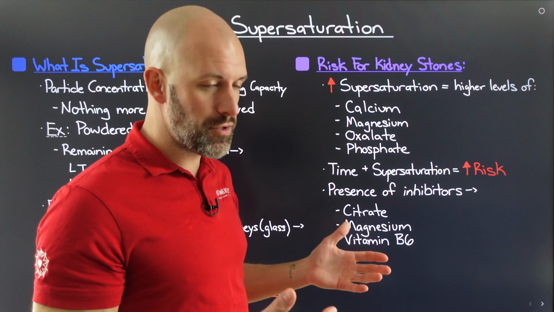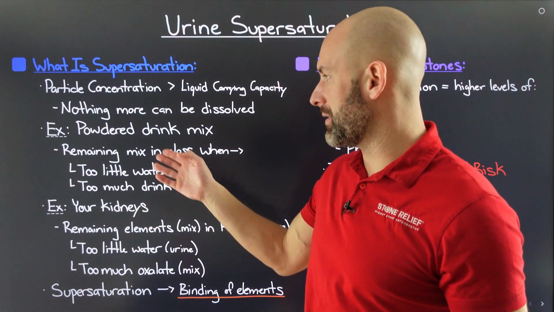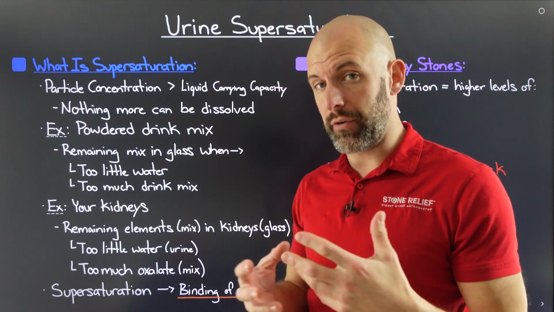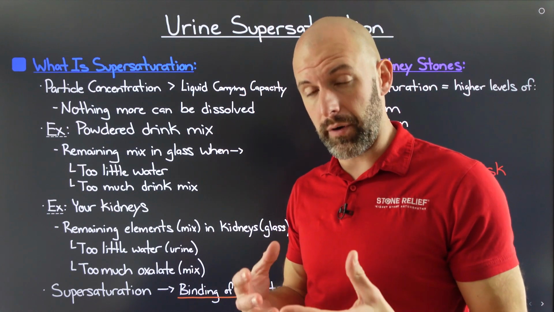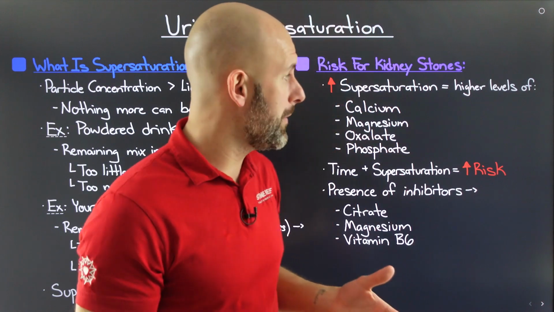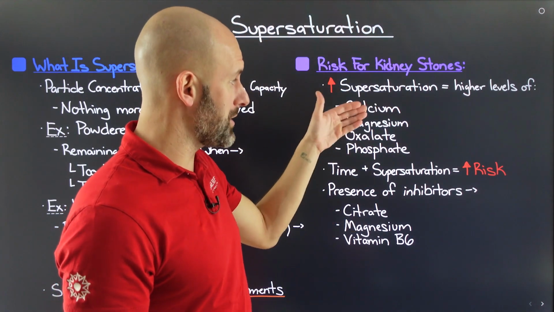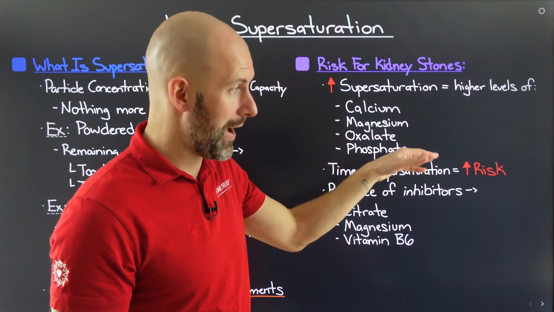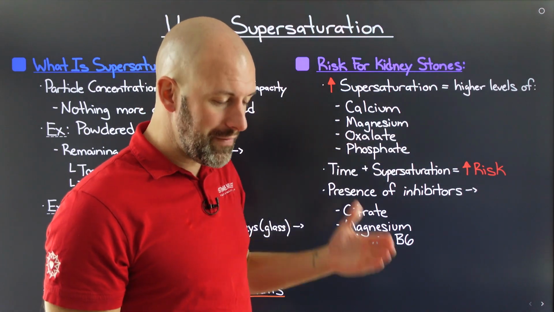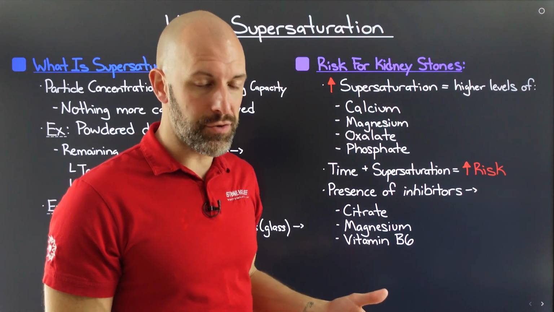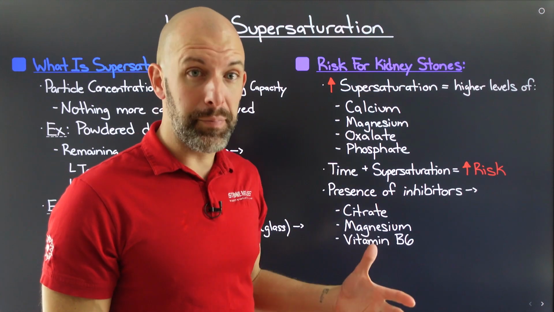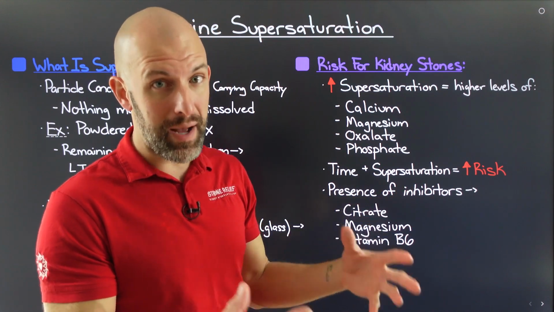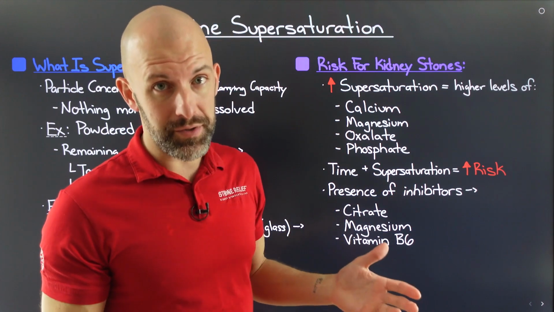So when supersaturation occurs, and again, we have this leftover drink mix or leftover elements and particles that are floating around in our kidneys or in our urine because they can't be dissolved, we have excess or higher levels of calcium, magnesium, waste products like oxalate, and also phosphate. Now, when you have these elements that are supersaturated, meaning that they are not being dissolved by the water, and they are free to float around and bind to each other, this is where problems start to occur.